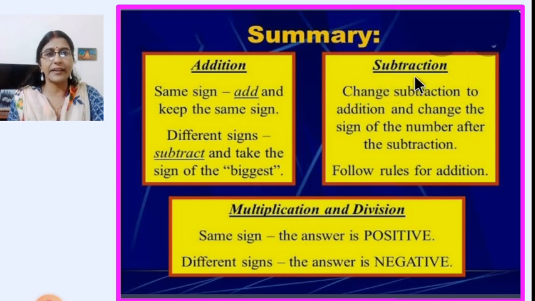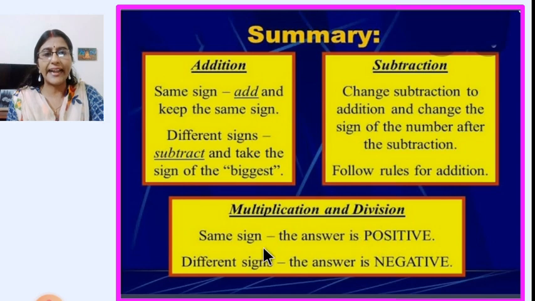Now next is subtraction. When we subtract two integers, we have to change subtraction to addition and change the sign of the number after the subtraction, and then follow the rules for addition. Now in case of multiplication and division, when we multiply two integers of the same sign, the product is positive.